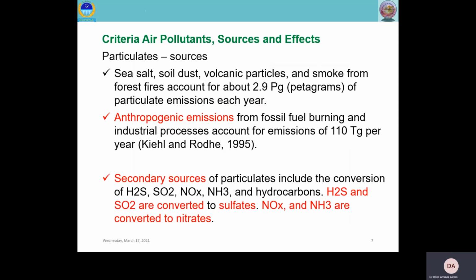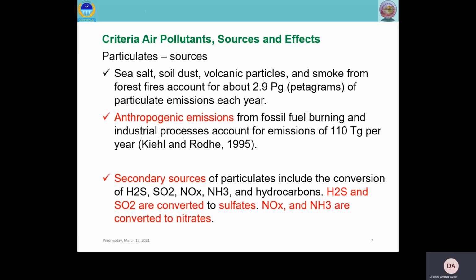If we talk about the sources of particulate matter, as I have told you, particulate matter can be a primary pollutant or a secondary pollutant, or there can be other classifications for its sources. Even if particulate matter is a primary pollutant, I mean, if it is directly emitted from the source, the source can be natural or anthropogenic.